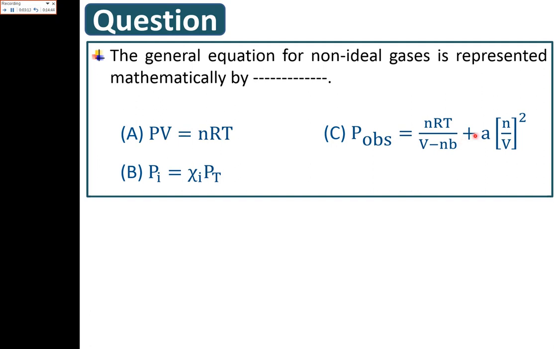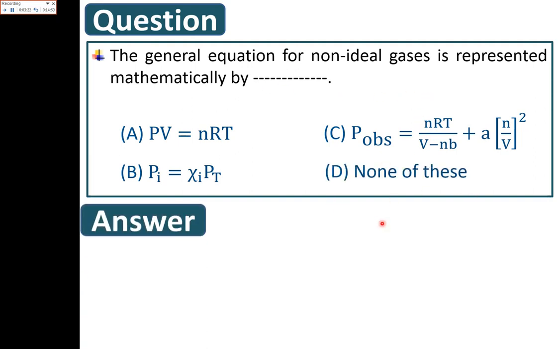So of course this answer is wrong for this question. So number D, none of these. Of course, you should select none of these. And this is actually one of the tricky questions where you may directly say this is van der Waals, okay, number C is correct, and number C is actually wrong because of the sign here.